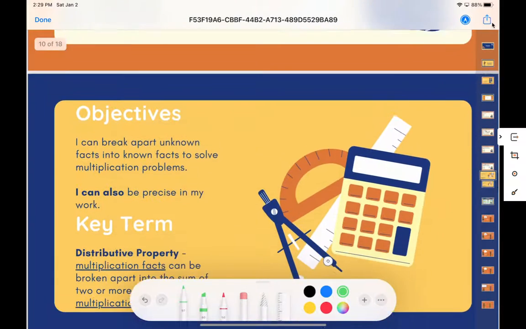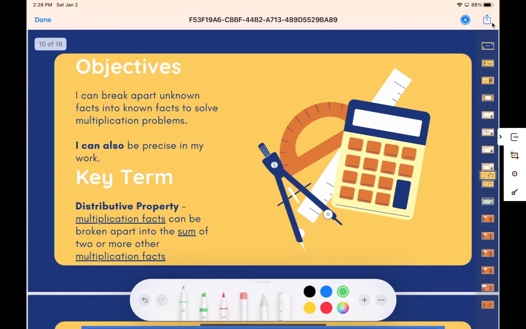All right, time to get into that lesson. Our objectives for today are: I can break apart unknown facts into known facts to solve multiplication problems. Also, I can be precise in my work. Our key term for today is distributive property.